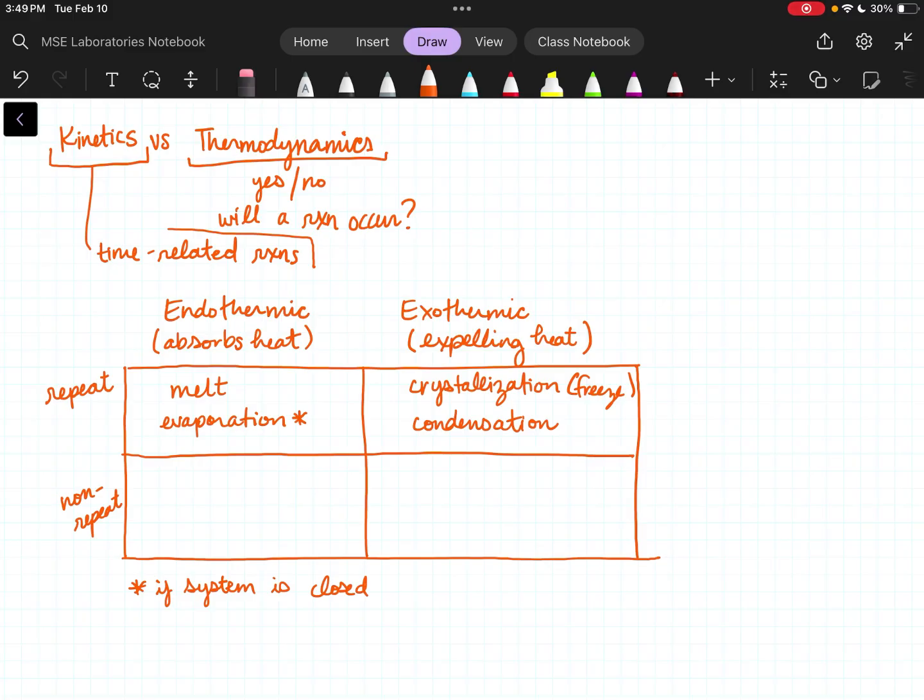Have you ever seen someone take a chunk of potassium and throw it into a lake? Not in person, on YouTube. I would not recommend doing that in person. It's a very reactive reaction. It's a very big reaction, and it basically blows up. It's a big explosion. That's going to be an exothermic reaction.